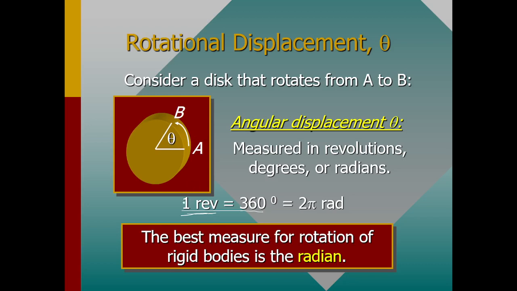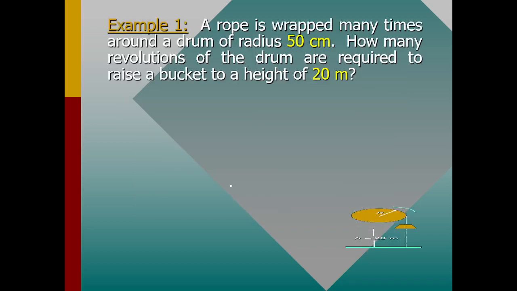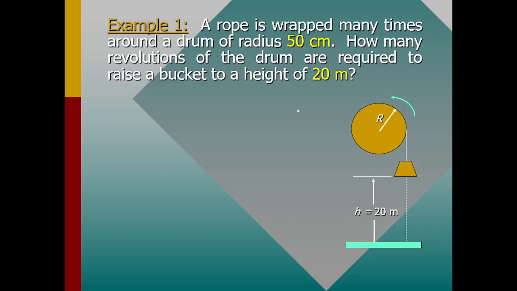But this same angular displacement, theta, has this relationship. From this relationship, we also have another relationship. So theta is equal to arc length over radius.